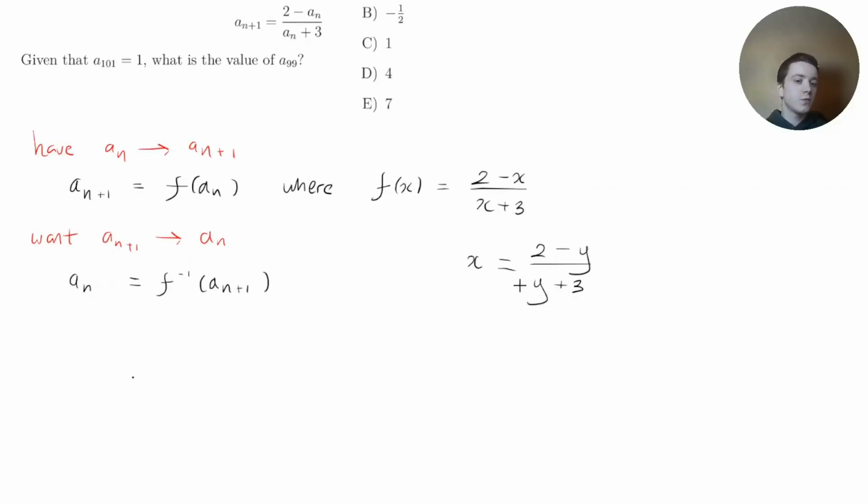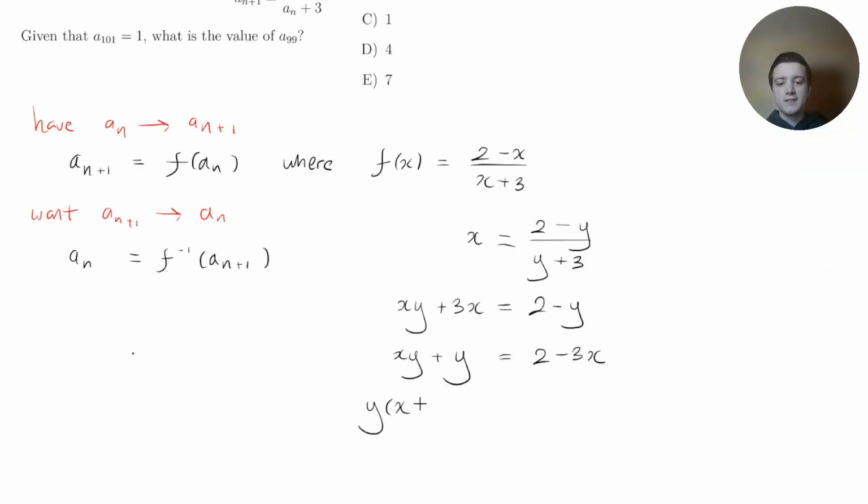To start off with, we can multiply through by y plus 3. That's going to get us xy plus 3x, which is equal to 2 minus y. And we're looking for y, so we can stick all the y terms on one side, and move the remaining terms over to the right. So xy plus y is going to be 2 minus 3x.